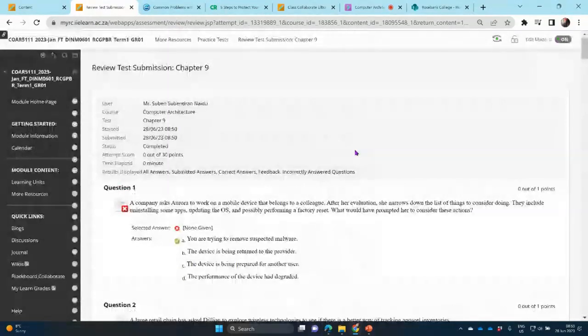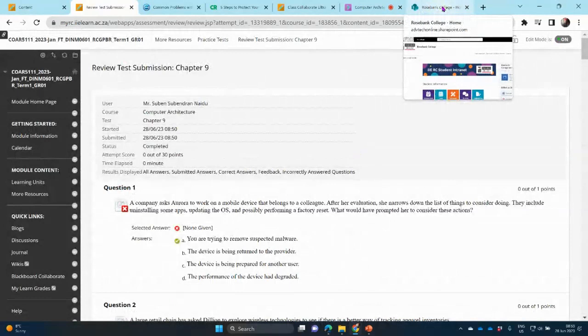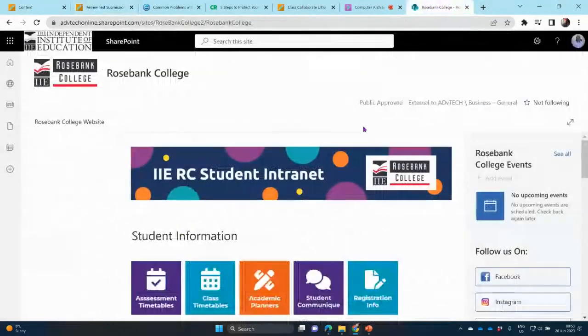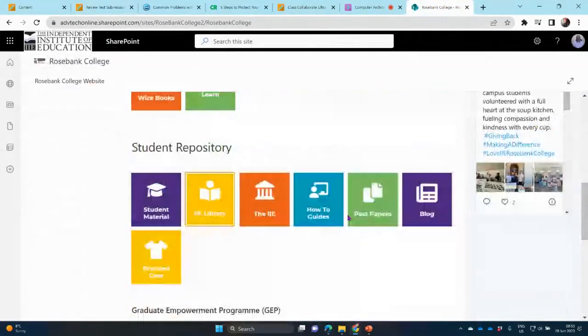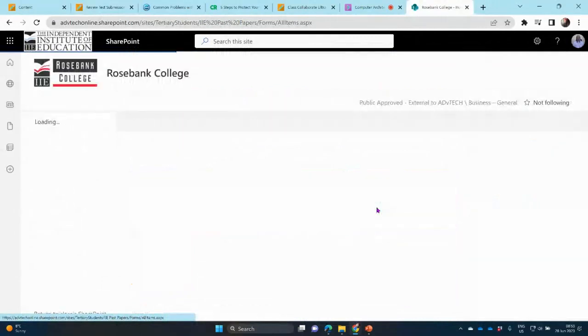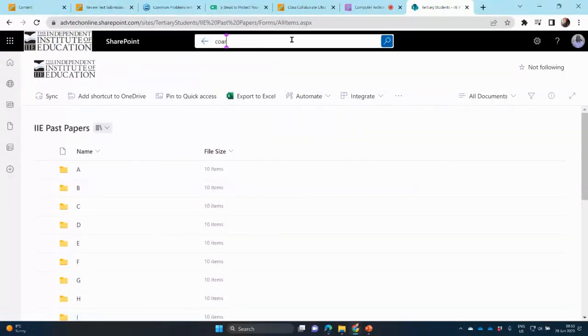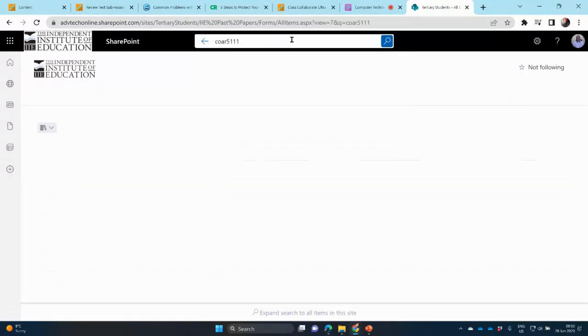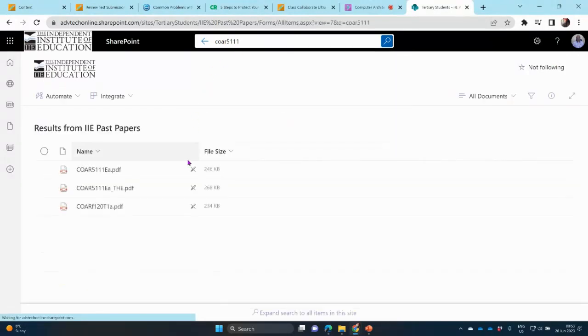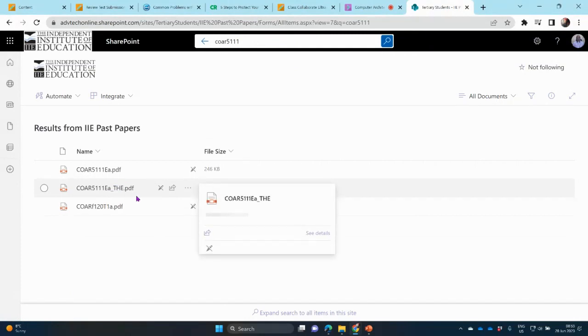Then what would I do next? Next thing I need to do is to go and have a look at my past papers. So I'm just going to have a look at past papers. And I'm going to type in this module, COAR5111. And I can see there's EA.